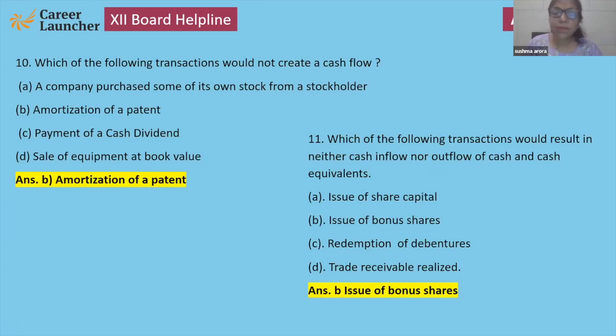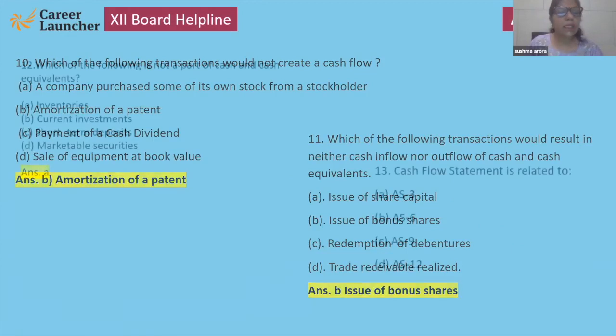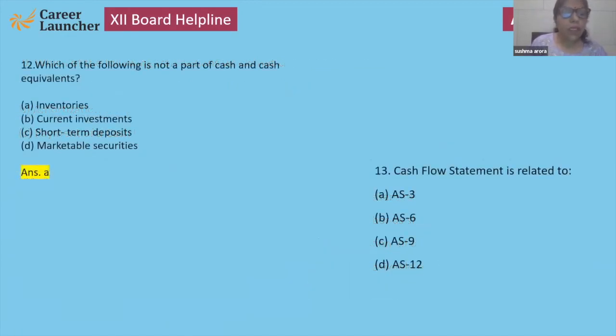Next. Which of the following is not a part of cash and cash equivalent? See, just now we discussed that cash and cash equivalents are current investment, short-term deposits, marketable securities, but inventories are not part of cash and cash equivalent.